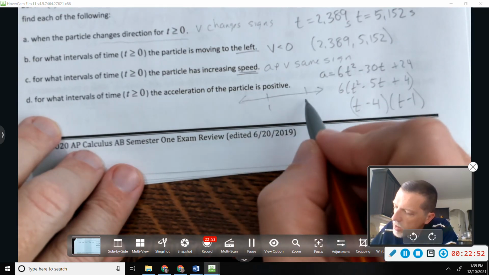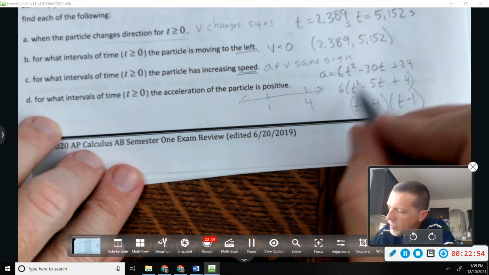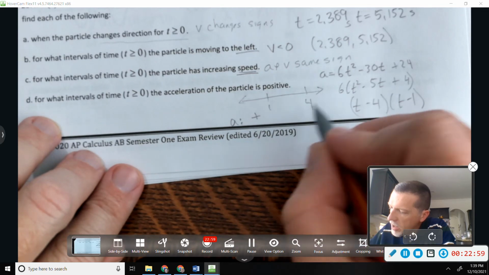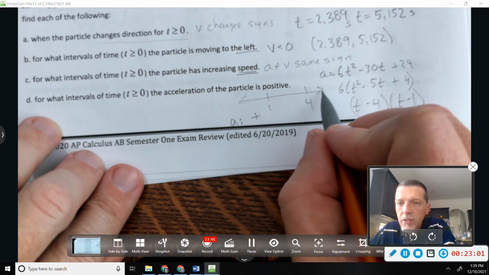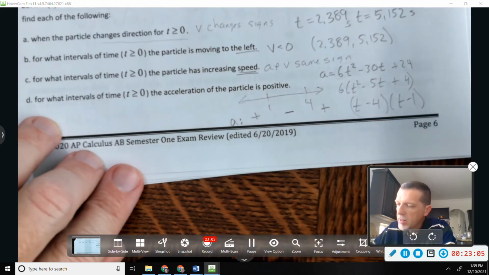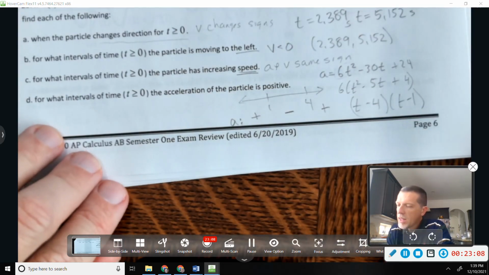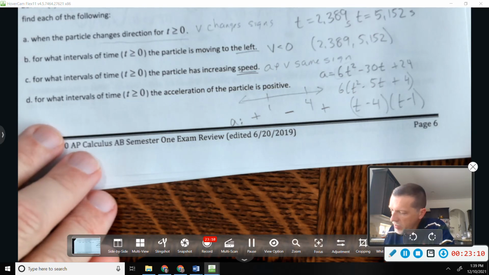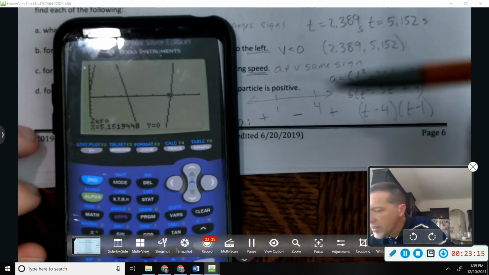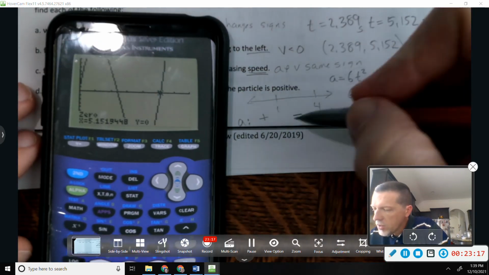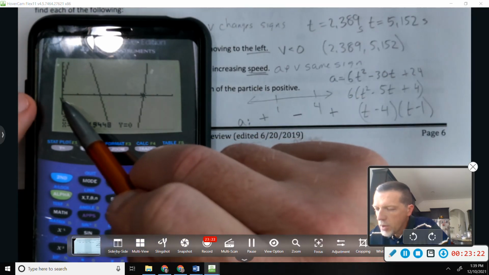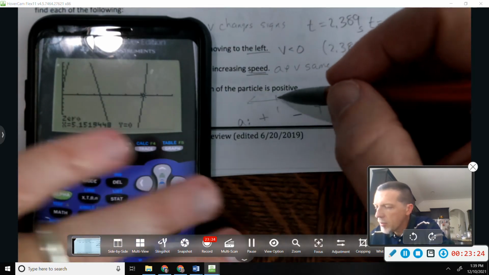So from 1 to 4, see if I plug in 0, I get positive. If I plug in 8 or 10 or 12, then this 6t squared takes over, I get positive, and it's negative right there. So now I need to look at that graph along with my velocity graph, kind of think together here. So velocity is positive from 0 to wherever that is, but that only matches up to 1.